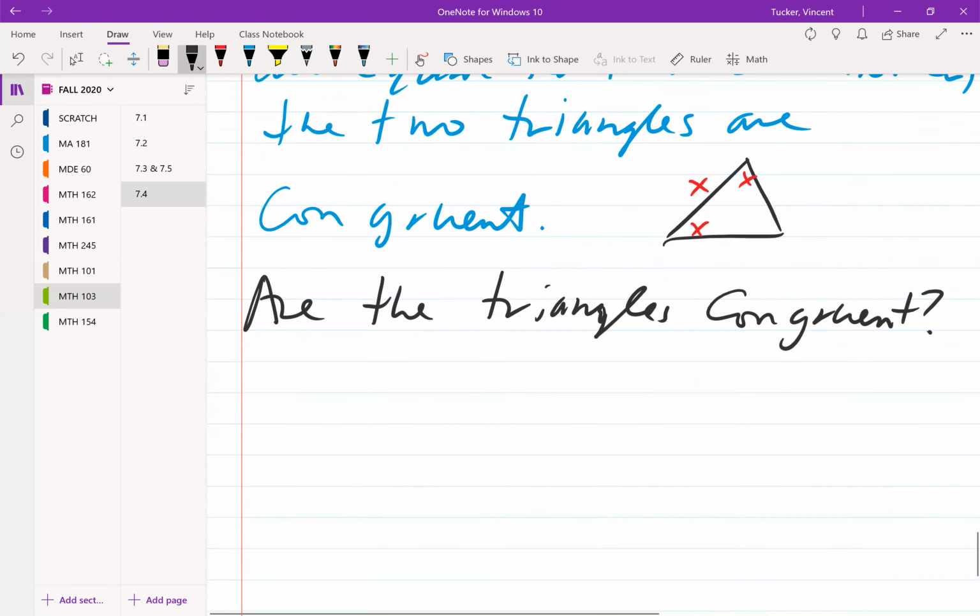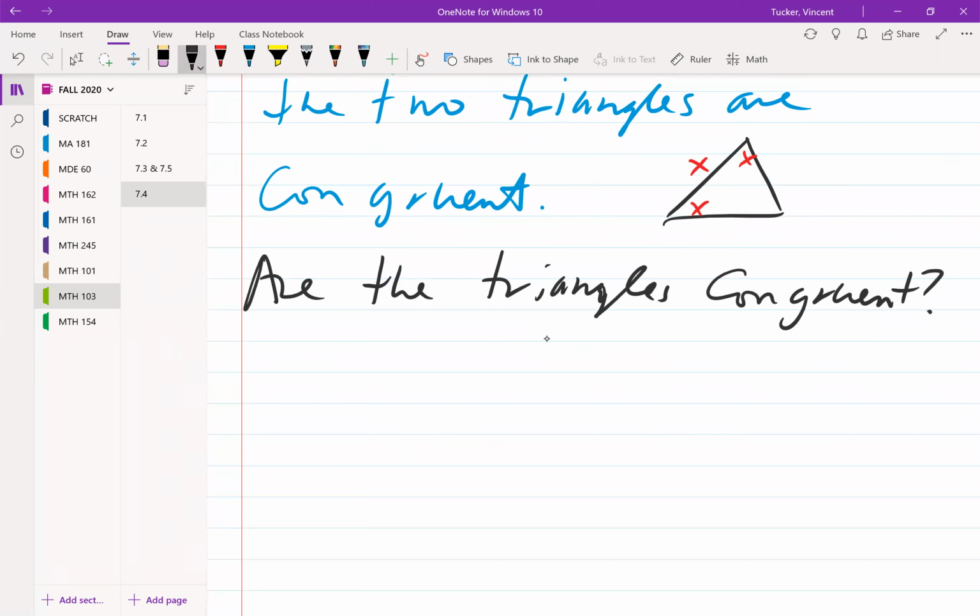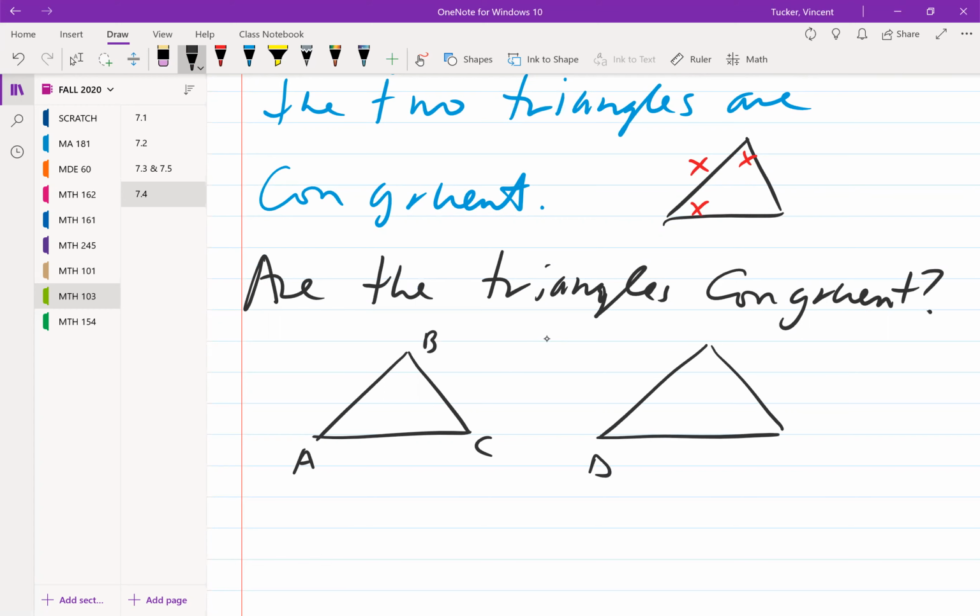All right, so let's see if we can make sure we're good with determining if triangles are congruent. Let me see if I can do this better.